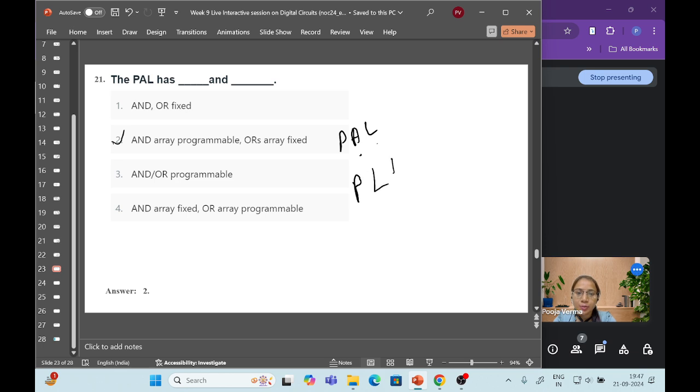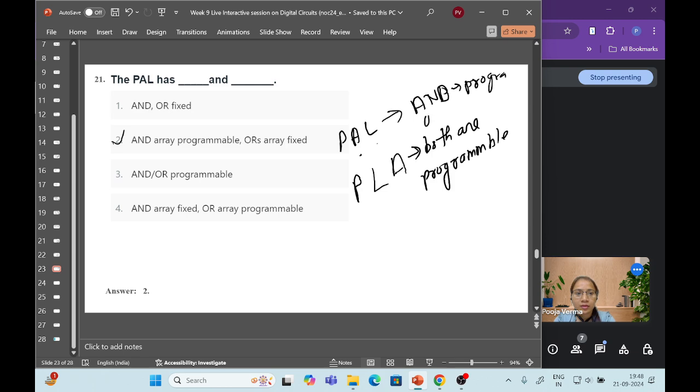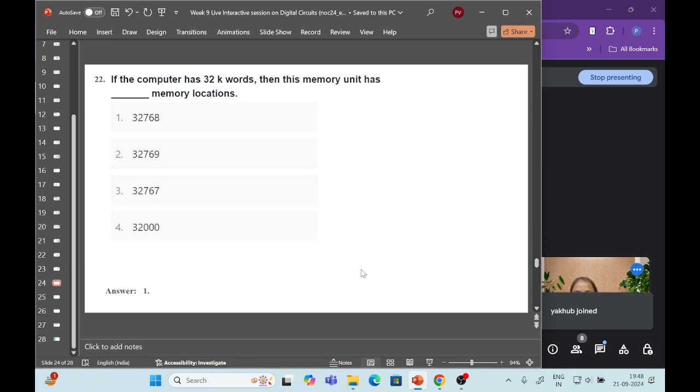There is another one, PLA, programmable logic array. That means both are programmable. Here AND is programmable, OR is fixed. Okay, so moving to the next question.